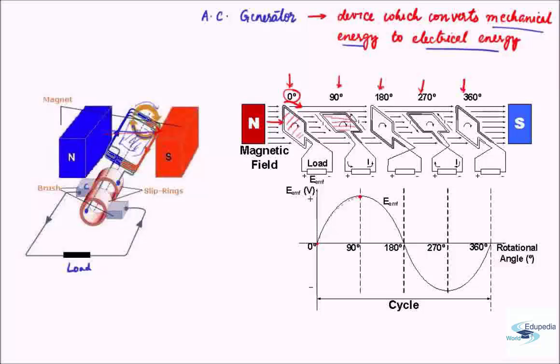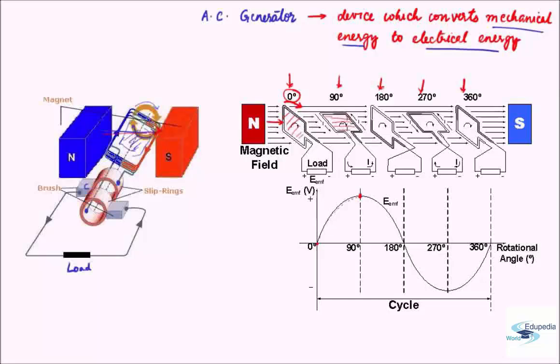Because if you rotate the coil by even a little, a lot of increase in magnetic flux will take place. Therefore, this location is the location of maximum electromotive force, which means the rate of magnetic flux change will be maximum when the plane of the coil is parallel to the magnetic field.